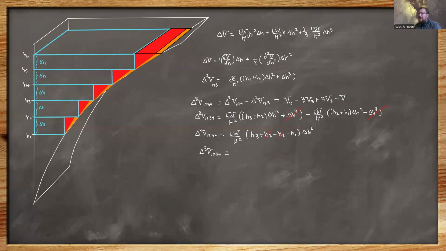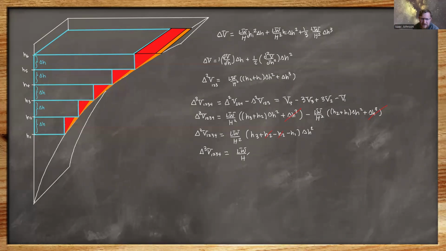And I think it's important to point out that for some of these approximations, finite difference to derivatives, we've had to use limiting arguments, right? Delta H cubed is going to go to 0 much faster than delta H, right? In this case, things are canceling real nicely for us.